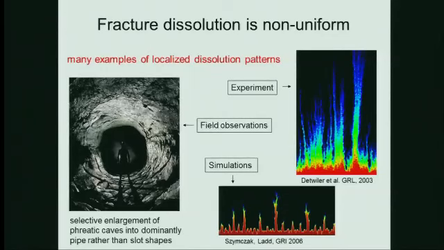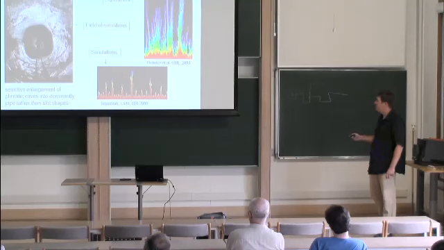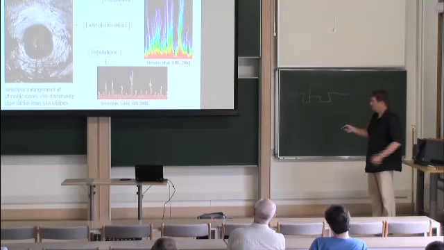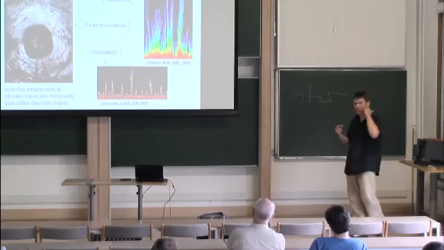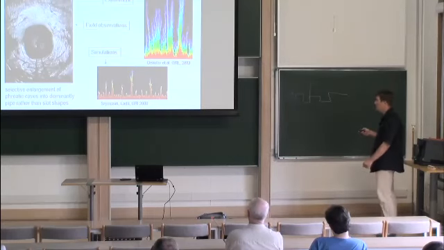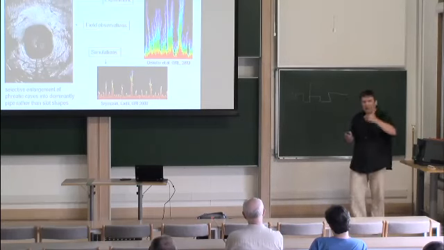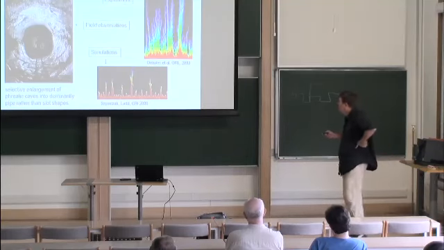This is the first very precise experimental measurement of the dissolution in a fracture measured as it was going on. The fracture was made from a transparent material which was dissolved by water, and he was measuring the aperture change by optical means as time went on.